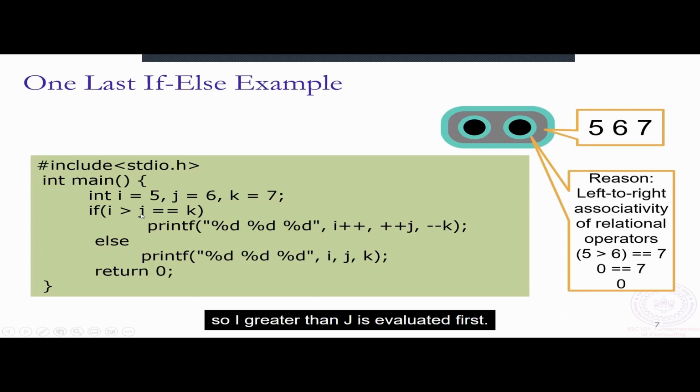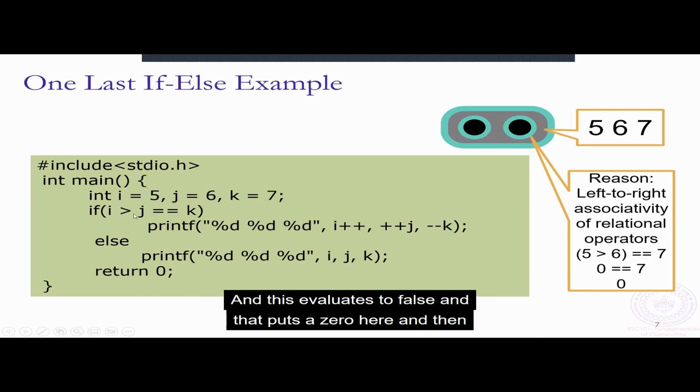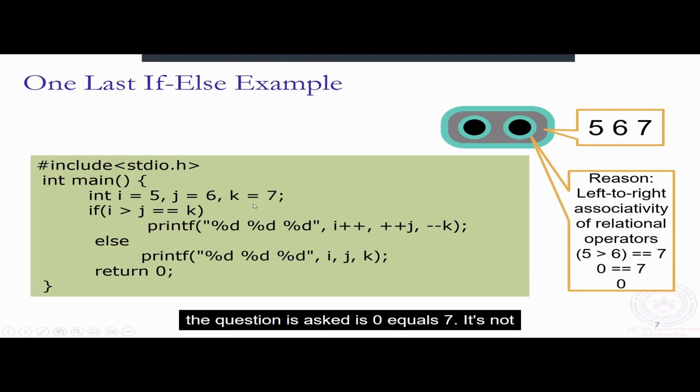And so i greater than j is evaluated first, and this evaluates to false, and that puts a 0 here, and then the question is asked, is 0 equals 7? It's not true, so you get 0, and that pushes the control to the else block. All perfectly logical, as long as you are able to think clearly.